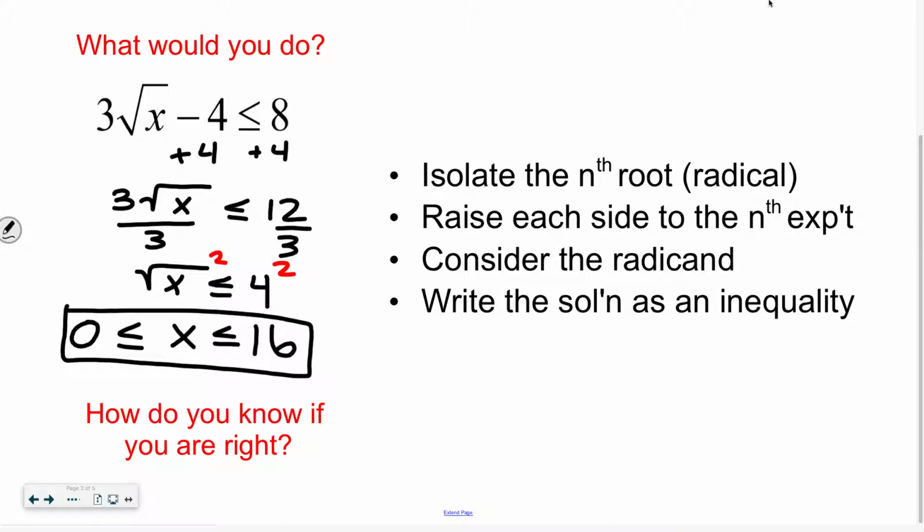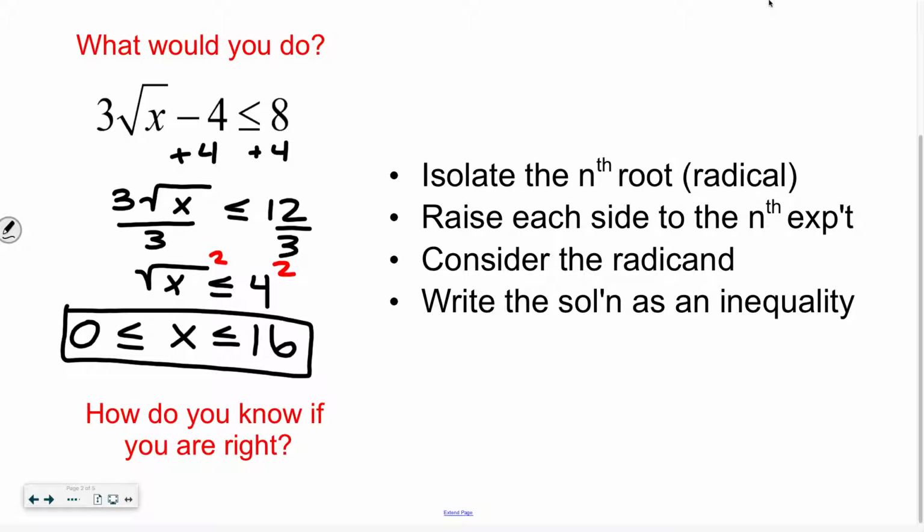We're still using basically Algebra 1 skills to get x all by itself. Okay, peeling away the layers. So isolate the nth root. Then you're going to raise both sides to the nth exponent. Consider your radicand, if necessary, and write your solution as an inequality.